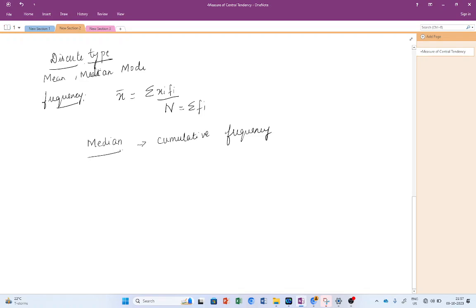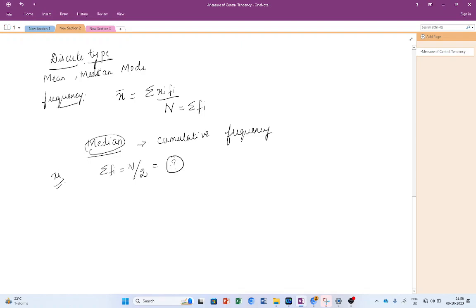Now what you have to do is, you have to find summation of fi, that is your n, divided by 2. Okay, so once you have found it, you will get one answer. That answer you have to check in the cumulative frequency table. So a value which is greater than whatever you get here in the cumulative frequency table is called as your median. So while finding your median, you have to take the corresponding value in your xi. Okay, so when doing the problems, I will explain you clearly. So this is how you find your median.